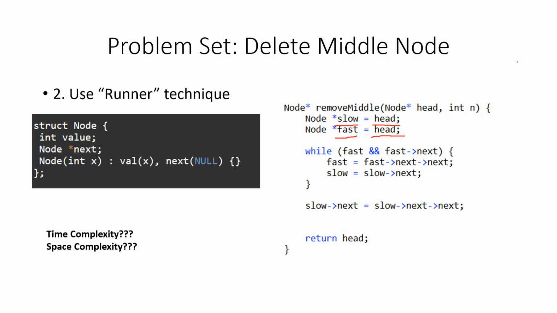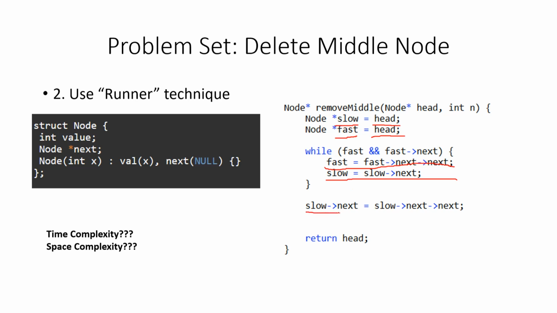Of course, in 1 hour, the car that drives at 40 kilometers per hour will reach the end of the road. Meanwhile, the second car, which has the speed of 20 km per hour, will reach the middle because it is twice slower than the faster car. That's why when the fast pointer reaches the end of our linked list, the slow pointer will be at the middle.